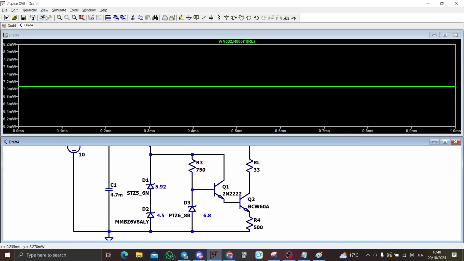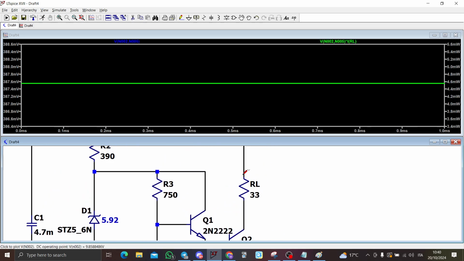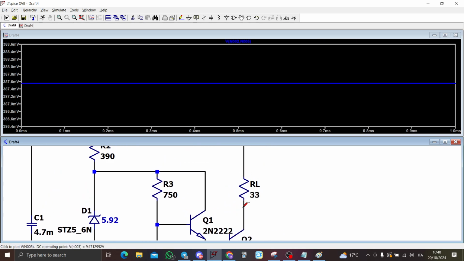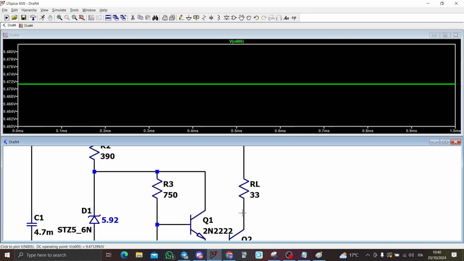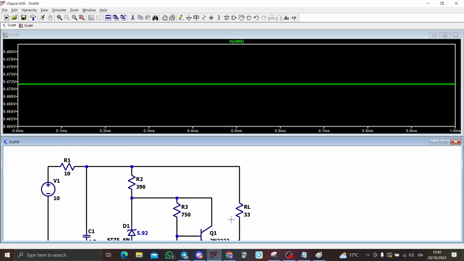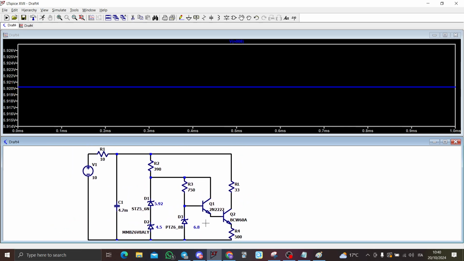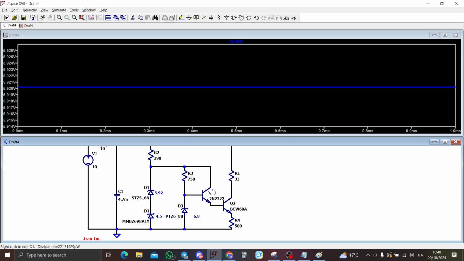Okay. Let's check the voltage across it. This is just the drop voltage, 9.042 volts. And the voltage here is 5.92. I think that we covered everything.